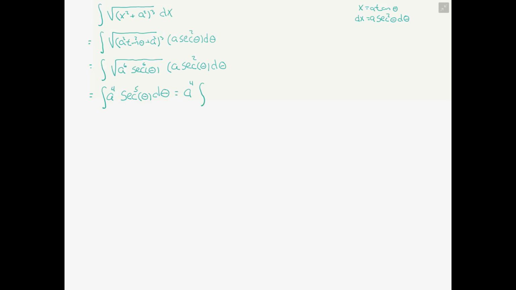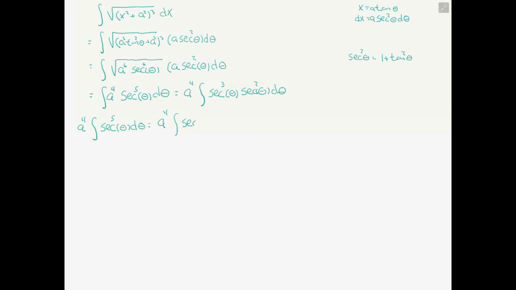At this point, we're utilizing the fact that secant to the fifth power is equal to secant to the third times secant squared, and then we apply the 1 plus tangent squared theta equals secant squared theta identity, and break up the secant to the fifth into two integrals, one with a secant to the third power, and the second integral is going to be a combination of secant and tangent, as you'll see here. So I'm just making that equation at this point.